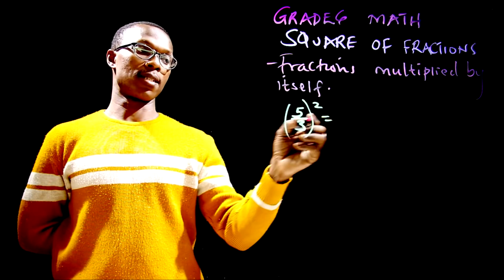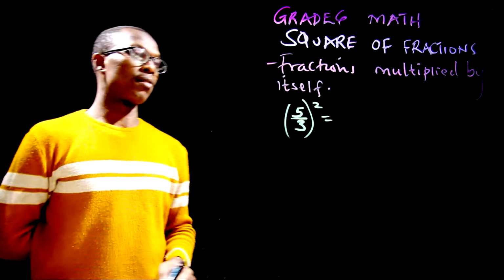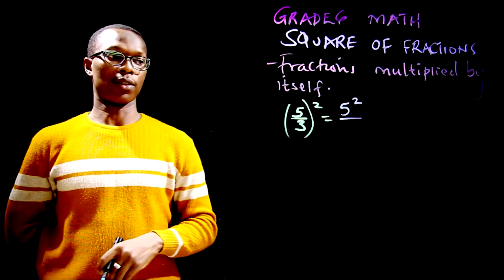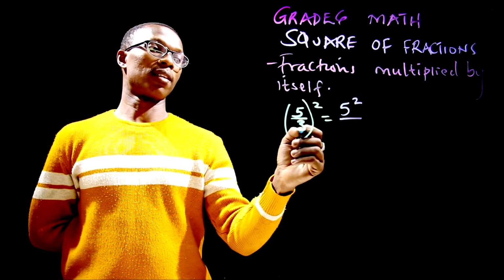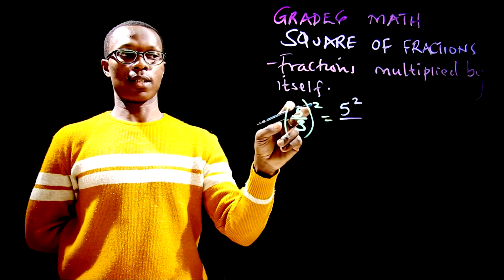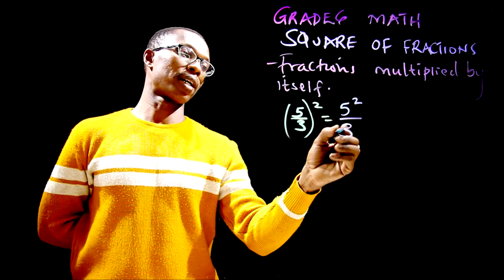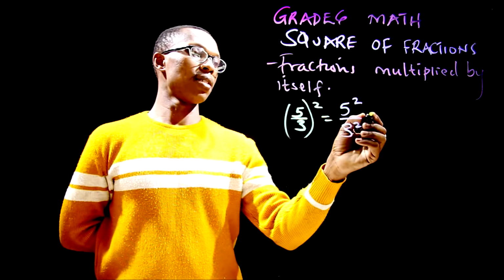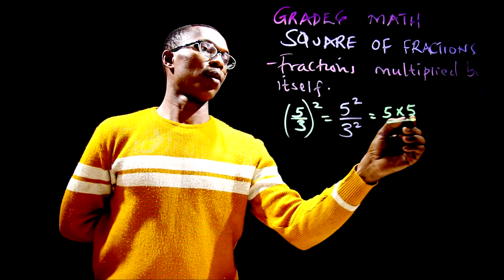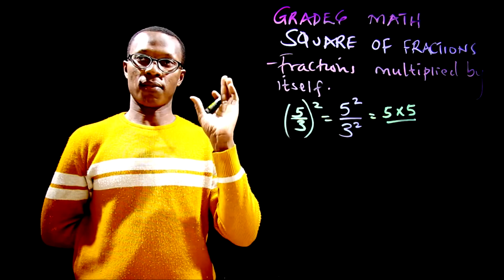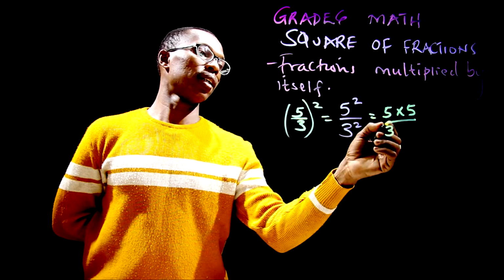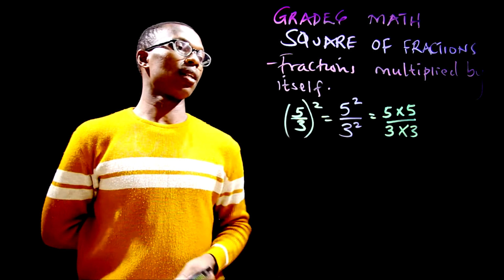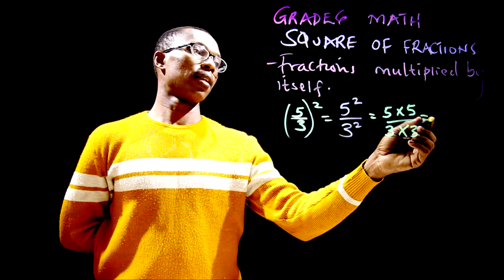Let's first expand it and see what we're going to have. Remove the bracket: 5 squared over 3 squared, with the power 2 applied to both. Now 5 squared simply means 5 times 5, and 3 squared is simply 3 times 3.